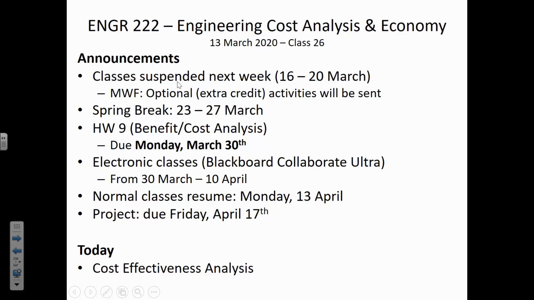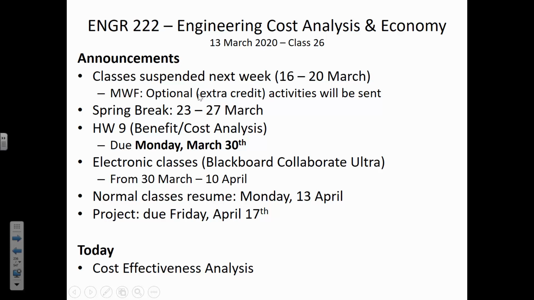It's not going to have the effect of dropping the lowest, it's just that the amount of points that I'll add will be equal to an additional homework grade. So look for those. I'll send them via email and you'll submit them by Blackboard. I'll also put them on Blackboard, but you can get it by email or by Blackboard, and then you submit it online. Any questions about just specifically those extra credit activities?